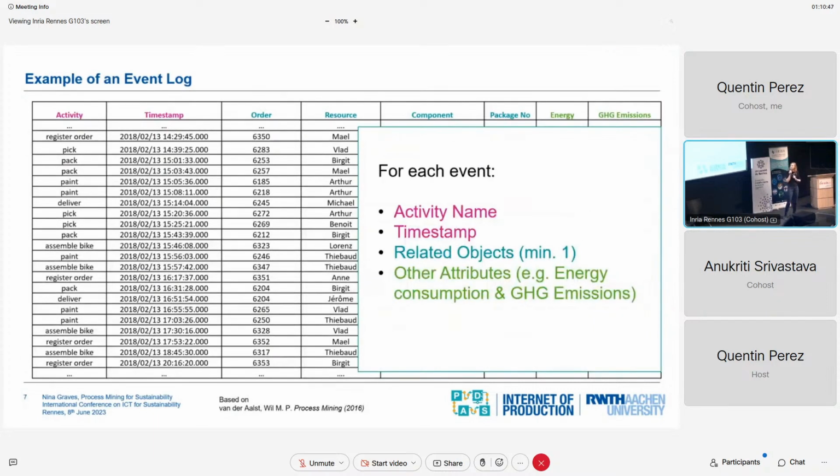So this event data: we have such a log, we have an activity, we have a timestamp, we have some sort of objects that it is related to, for example the customer order.